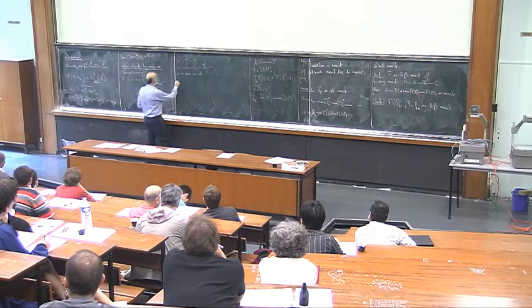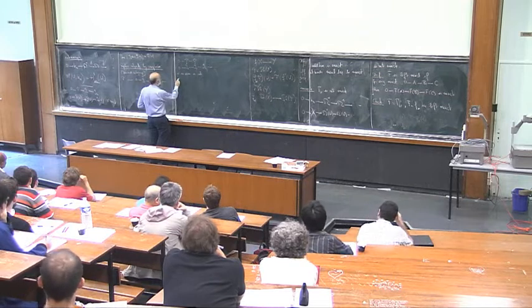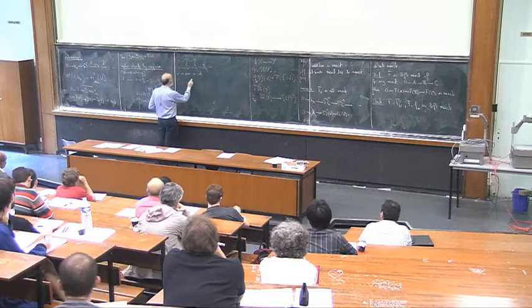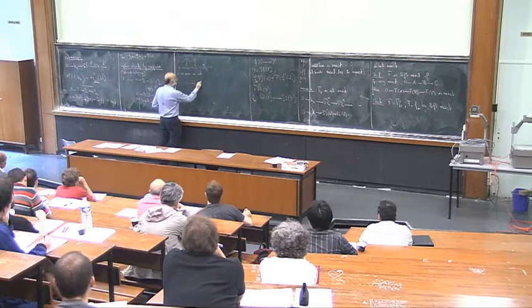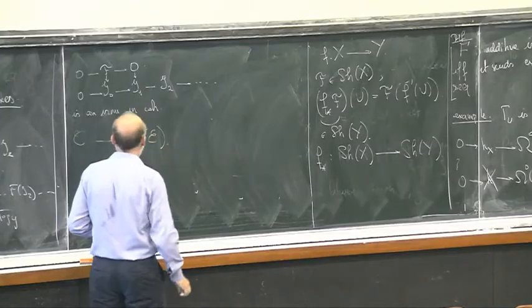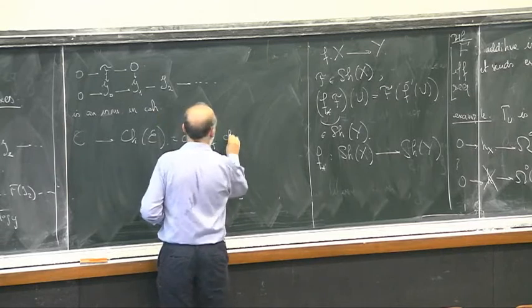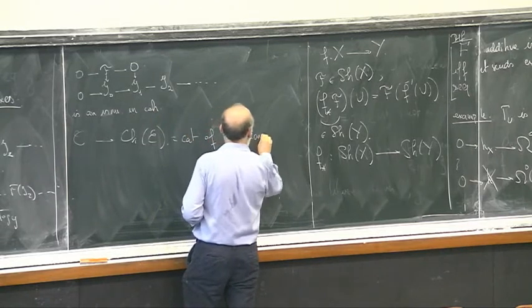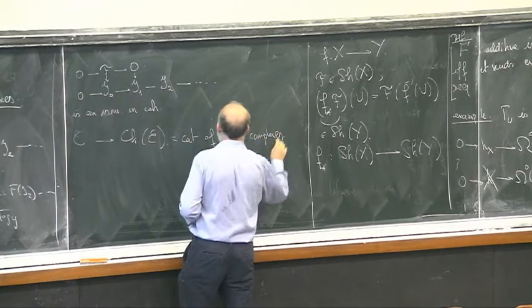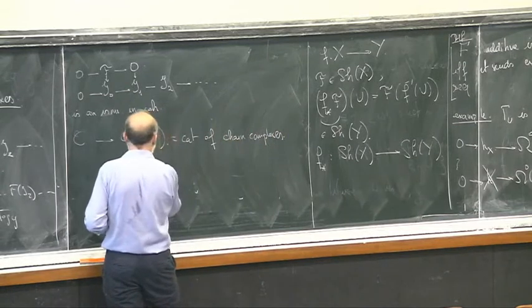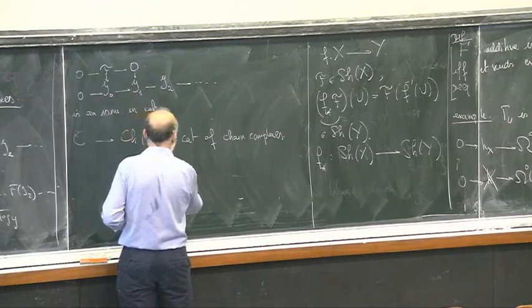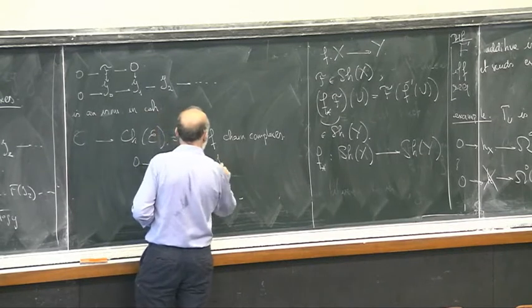So the idea is that if you have a category C, you can associate an abelian category. You can look at the chains over C, which is the category of chain complexes. So these are something like 0, A1, A2.